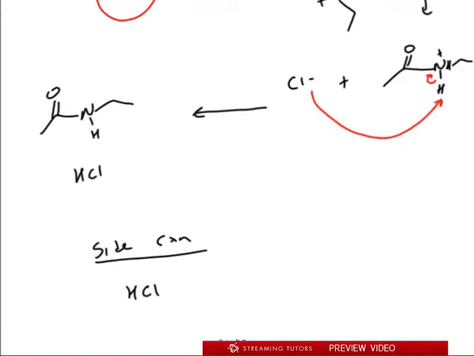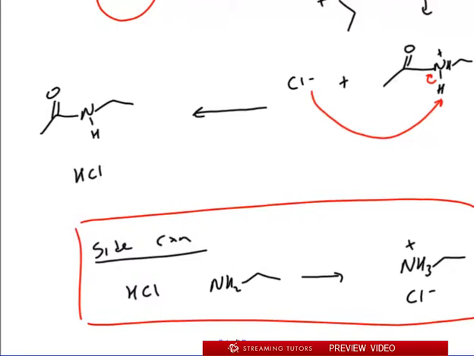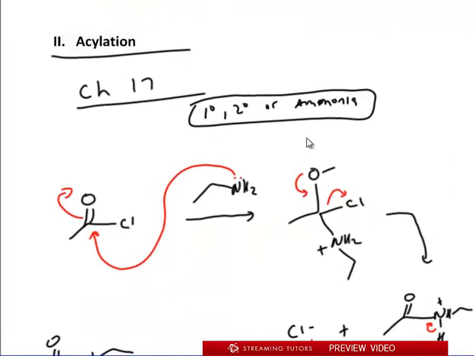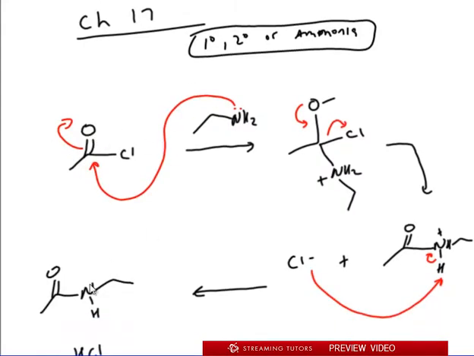HCl will now react with a nitrogen that didn't react yet, and turn it into an ammonium ion, NH3 plus and Cl minus. This was a side reaction that we were very sensitive to remember. And I'll tell you how this came up on an exam. One year, I think it was Professor Lauer, but I'm not 100% sure, he gave a question like this, and students knew to make an amide.